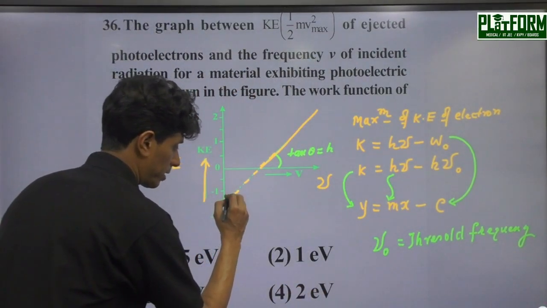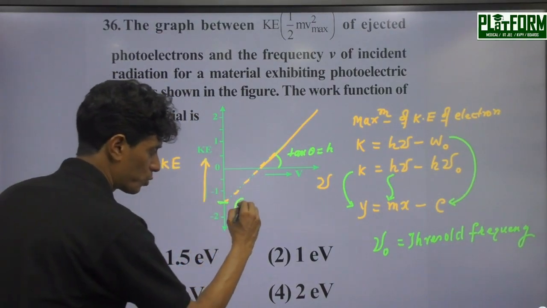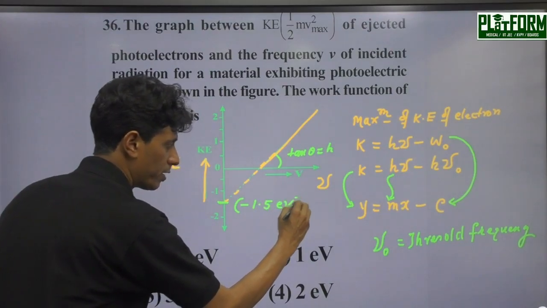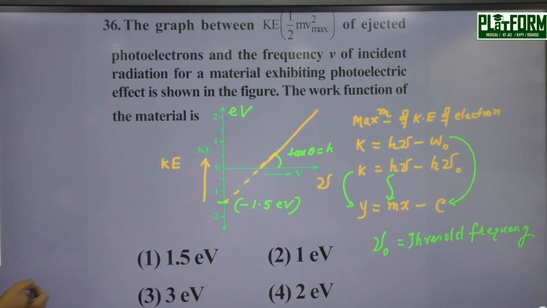Negative intercept on the y-axis is in between -1 and -2, so therefore it is 1.5 eV, because this energy is given in eV as per the option.